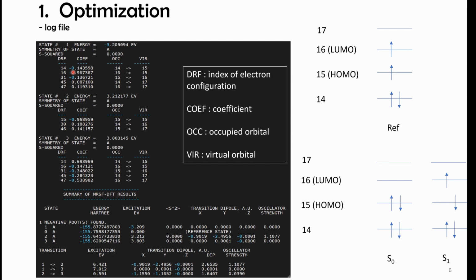And also another interesting point: can you point to Lapran's figure, for example? So if you put the electron from 15 to 16, then you get the doubly excited ones.